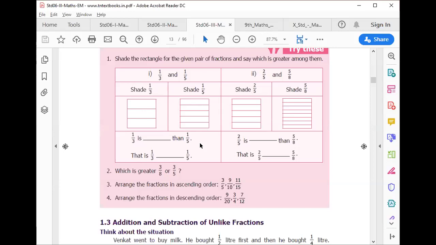You can shade and figure it out even without. When it comes to equivalent unit fractions, or when the numerators are the same, you can figure out a rule. Similarly, when you have like fractions, you can figure out a rule. Similarly, if you have the same numerator, you can again figure out a rule. Okay, so here is task 1.